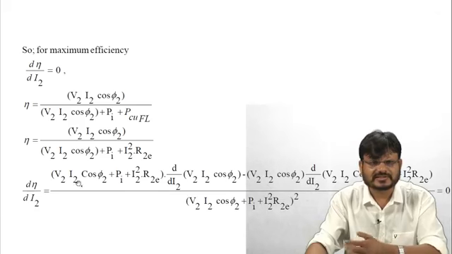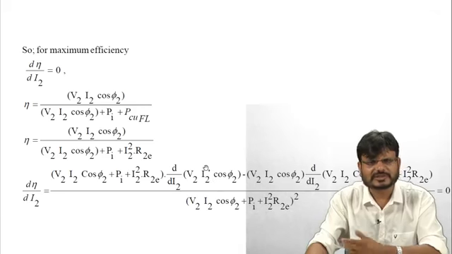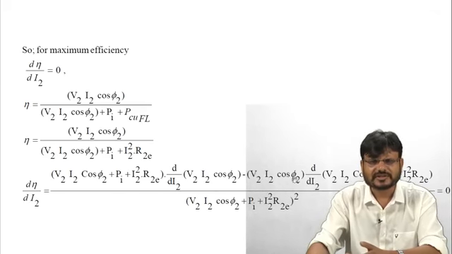It will be V2 I2 cos phi 2 plus Pi plus I2 square R2e multiplied by V2 cos phi 2, because V2 and cos phi 2 are constant. What is the variable part? I2. The differentiation of I2 with respect to I2 is 1. Similarly here you write V2 I2 cos phi 2 and differentiate the other term: V2 cos phi 2 plus, and since Pi is a constant its differentiation is 0, and the differentiation of the last term is 2 I2 R2e.